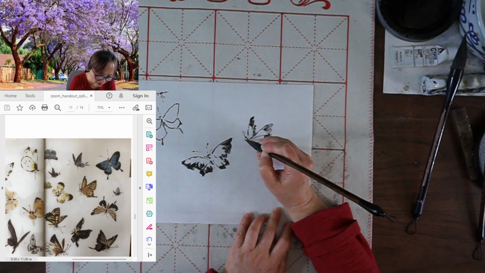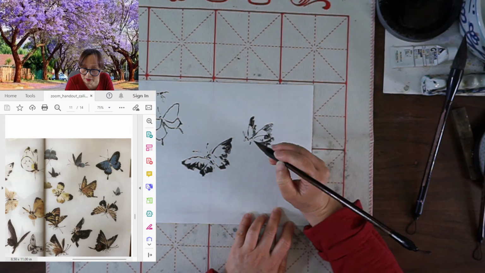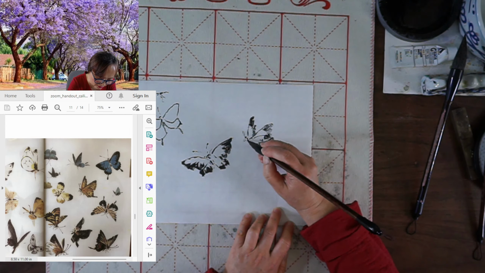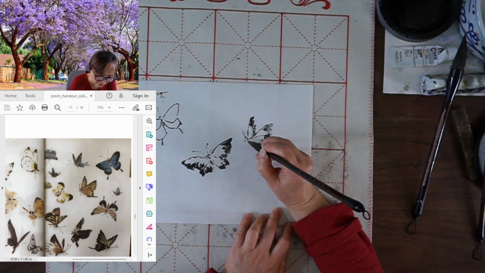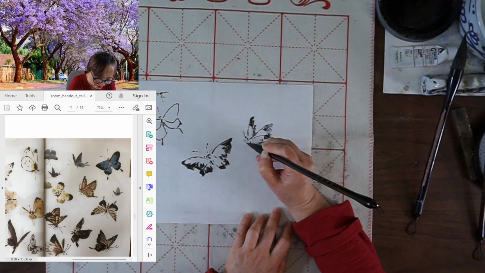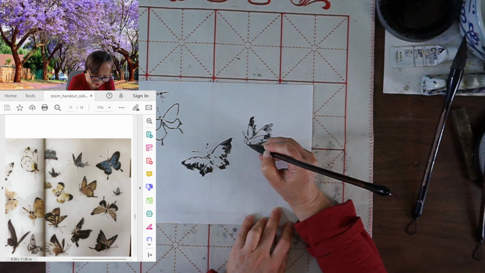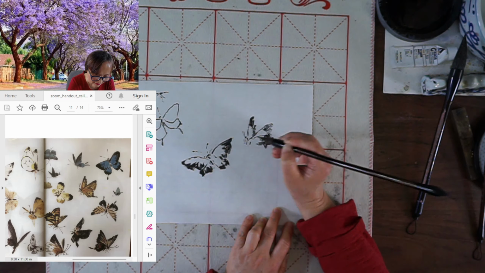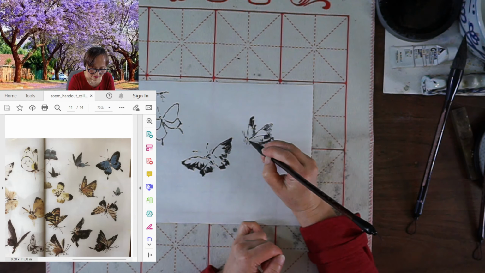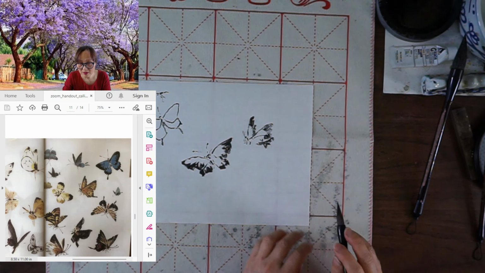Some pair of the little foot, so we can see from this angle, right? Okay, and that's about the side view.